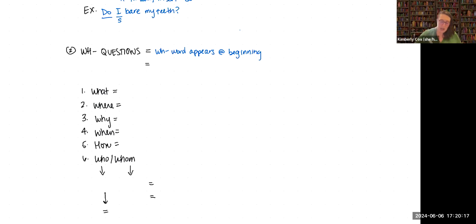And then it should also respond with a declarative statement to determine the function of the WH word. I'm just going to write "respond with declarative statement to determine function."